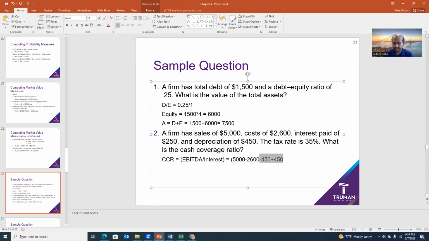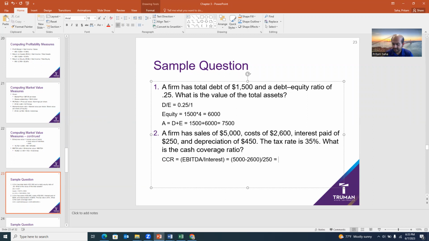So that means this one doesn't make any sense anymore. So EBIT plus depreciation and amortization, until this point, is EBITDA. EBITDA divided by interest expense, which is 250.